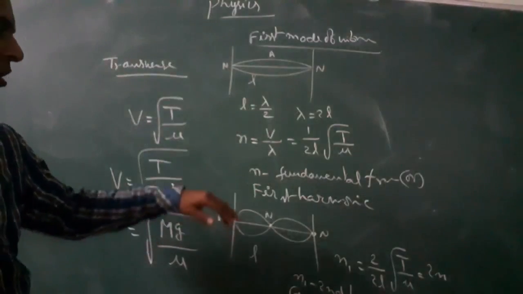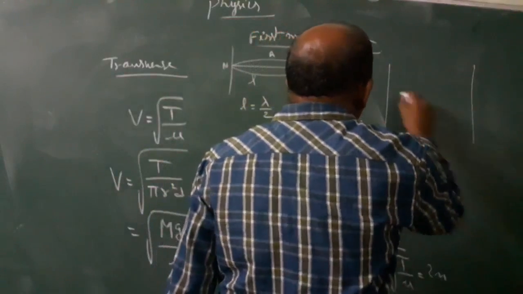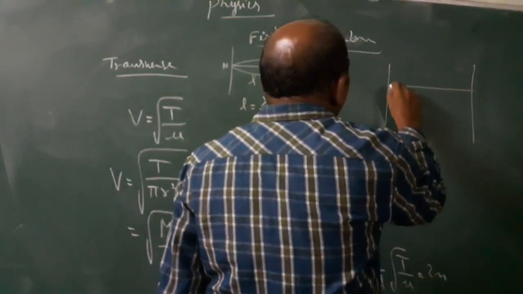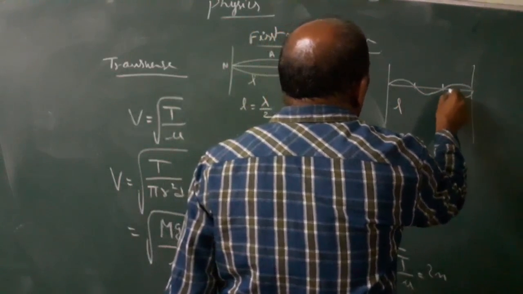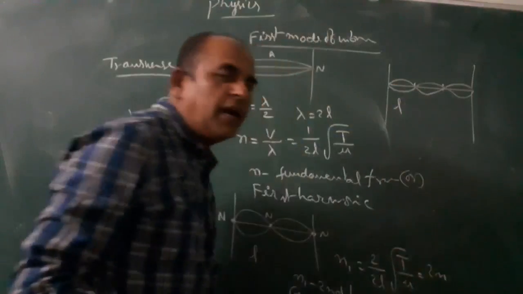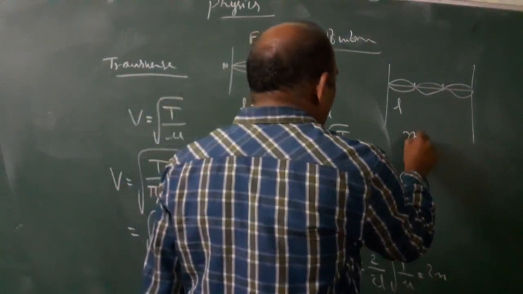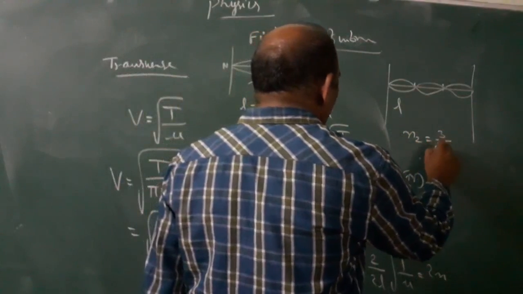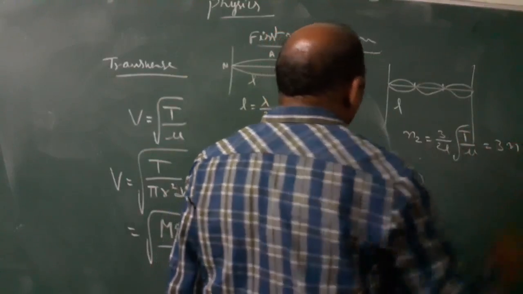In the third mode of vibration, that means the next time, the same string can vibrate with three loops. Therefore, the frequency in this case is 3 by 2L root of T by mu, that is equal to 3N.